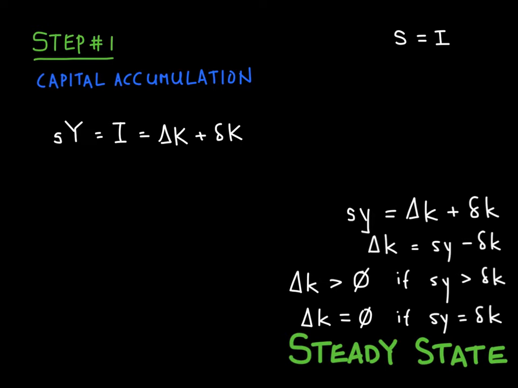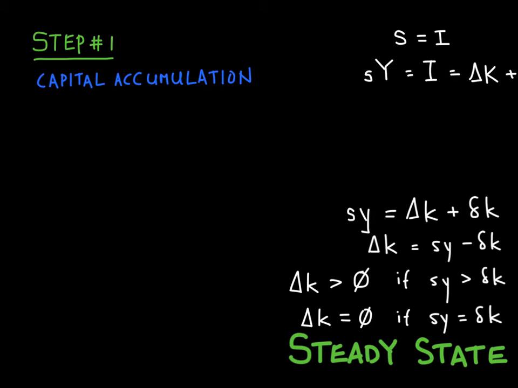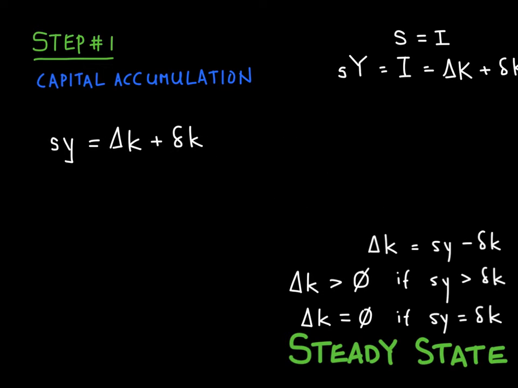All right, so this is what we're going to do. If I simplify this a little bit, and because we have constant returns to scale, I can make everything into per capita form. So what we have here is savings out of income per person.